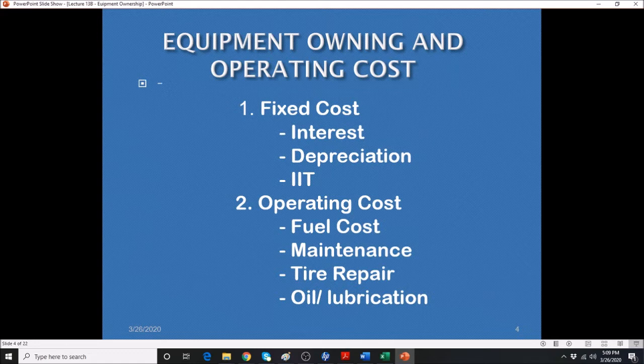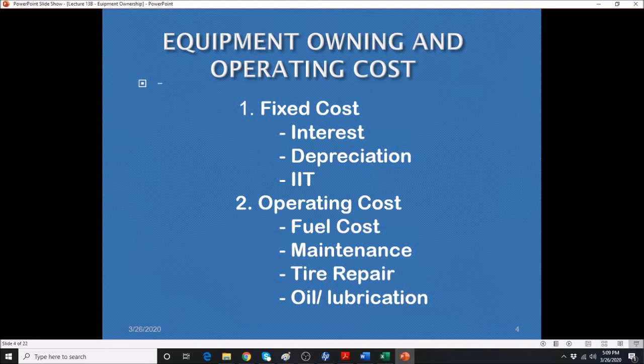So the option is to borrow money from a lending company to finance the purchase of that equipment. Because you borrow money from a lending company, of course, you will be subjected to interest as well.